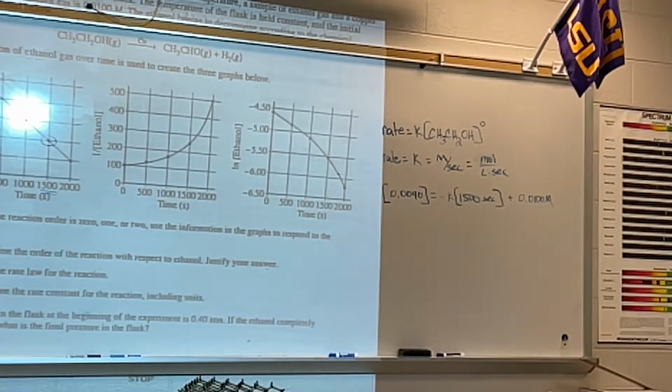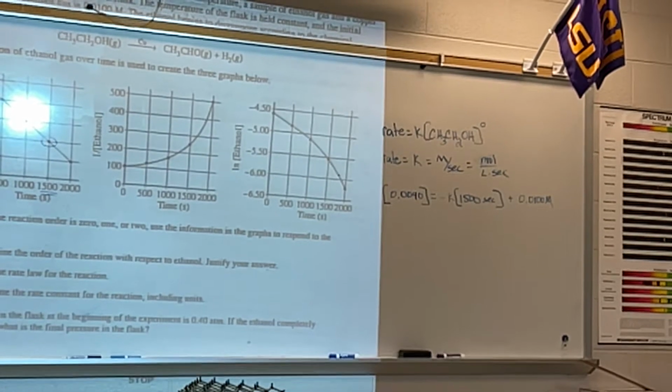We don't have the rate, so we can't use our rate law to determine the value of k. So we have to use the integrated rate law.